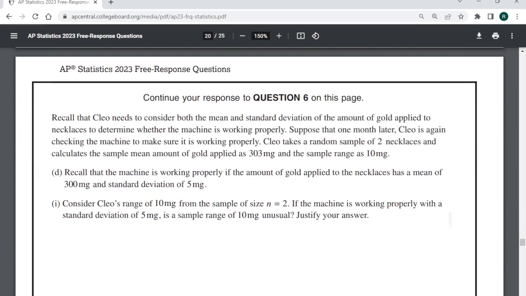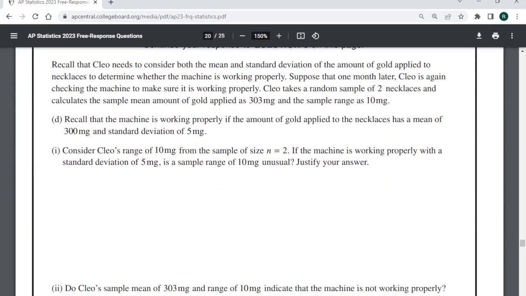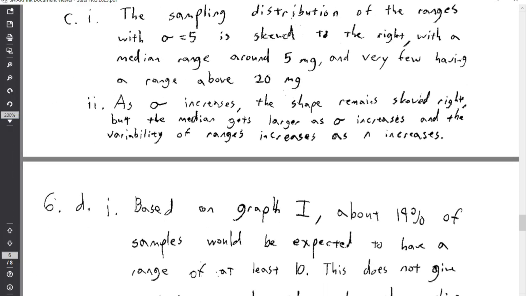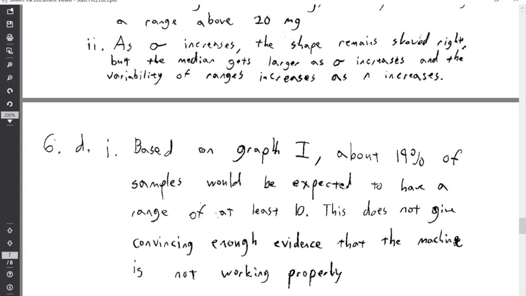This is an approximation. But saying, is a sample range of 10 unusual? I compiled up a bunch of them, and decided that about 19% of them had that range or larger. So that does not give convincing enough evidence that the machine is not working properly.